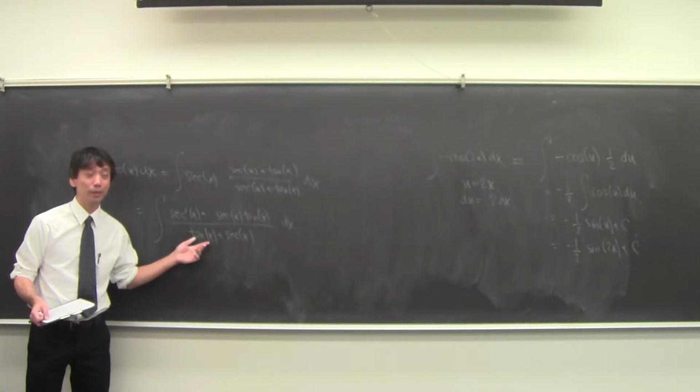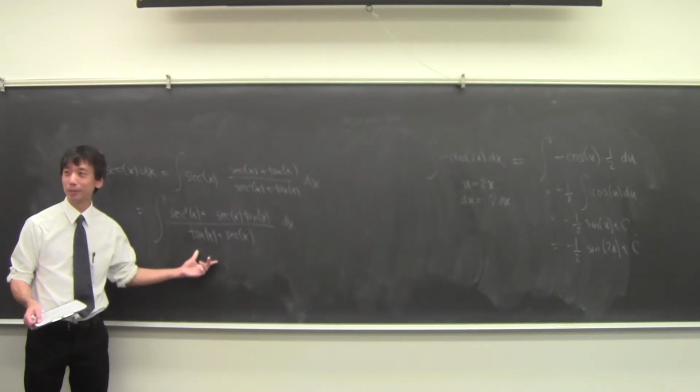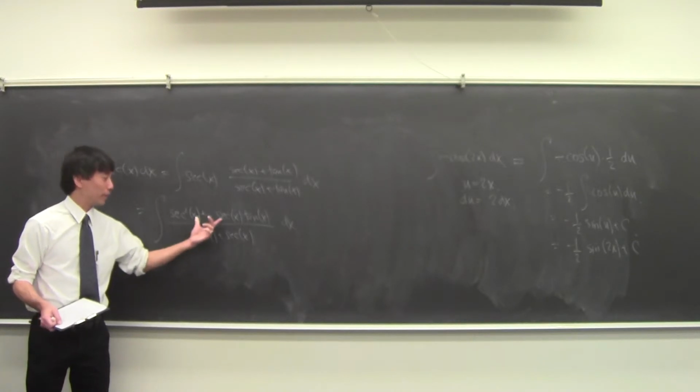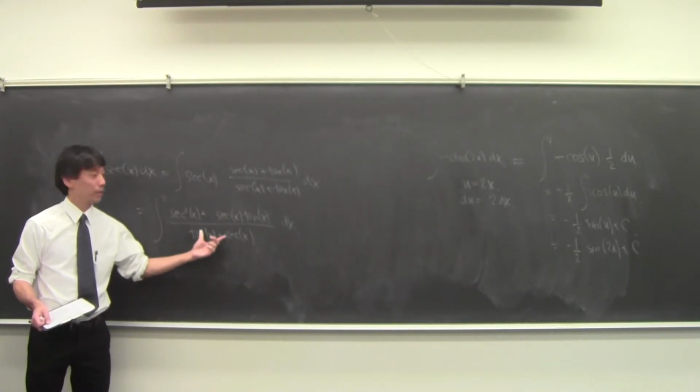Anybody see it? You notice a relation between the top and the bottom, between the numerator and the denominator. The top is the derivative of the bottom. You've got u prime, and you've got u here.